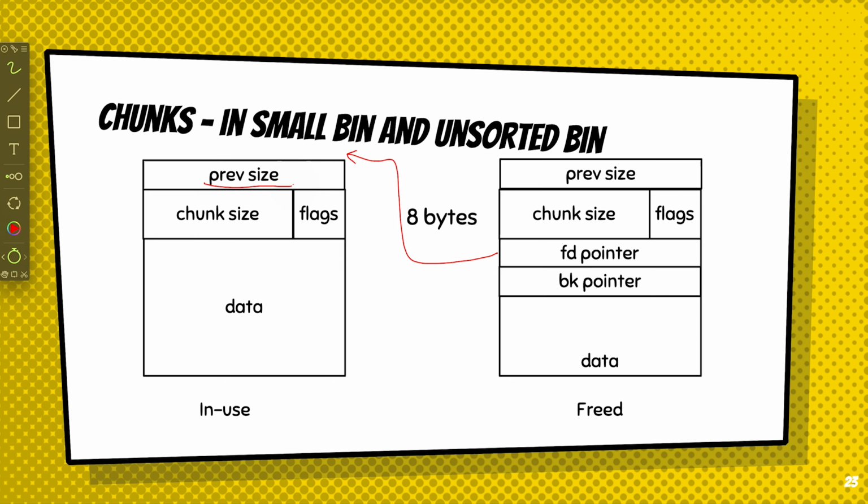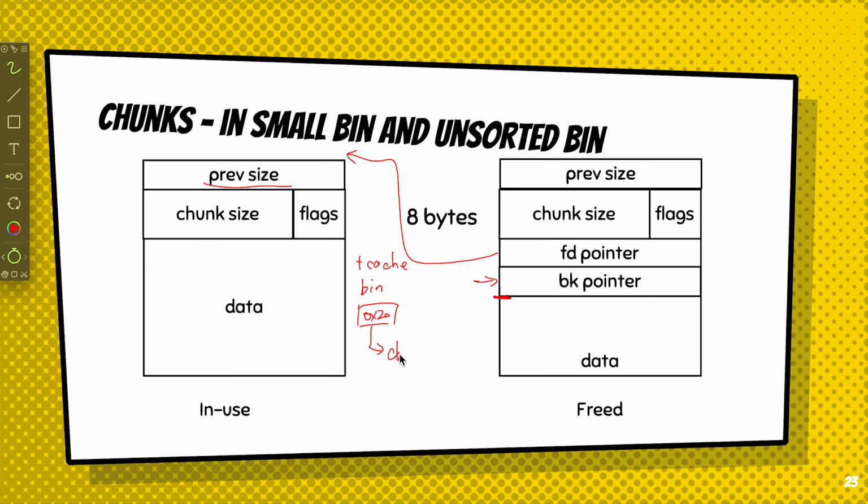There is also another pointer, which is called a backward pointer. Different from fast bin and Tcache bin, where the bin is basically a single direction list. Let me just draw over here. For a bin, say Tcache bin, it's going to be this bin with size hex 20, for example.